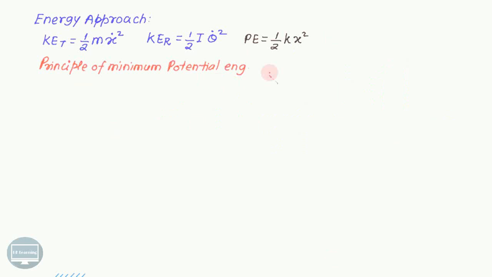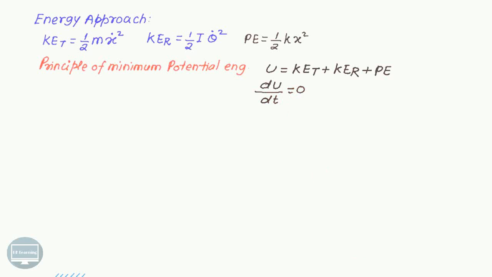According to this principle, the total energy, which is the sum of translational kinetic energy plus rotational kinetic energy plus potential energy of the spring, does not change with respect to time. That is, dU by dt must equal what?